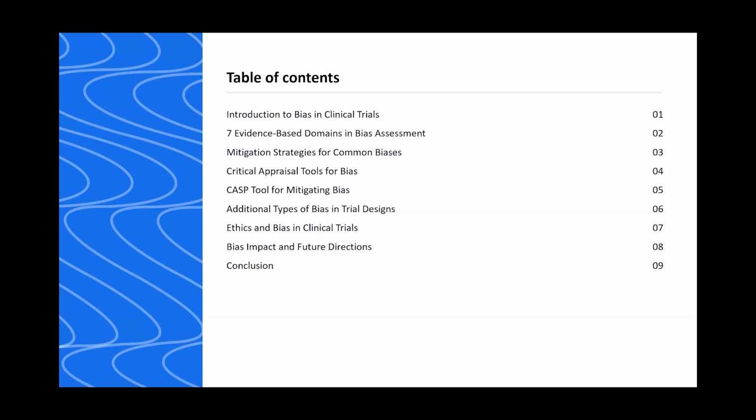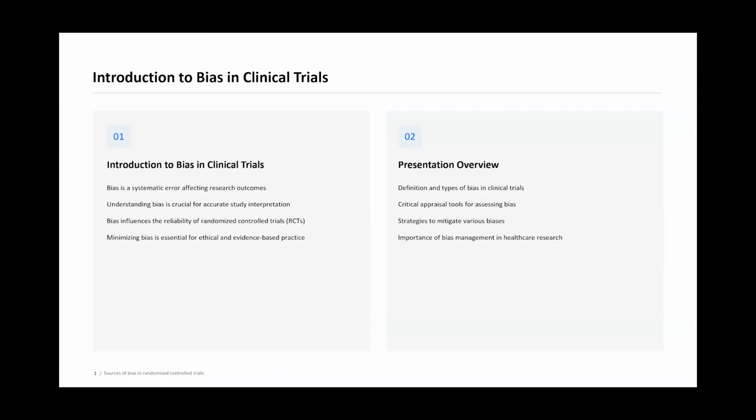After that, we will review some key critical appraisal tools used to identify and assess bias. We will also talk about additional bias types specific to complex trial designs and the ethical implications of bias in clinical trials. Finally, we will consider the impact of bias on research outcomes and explore future directions for improving bias management.